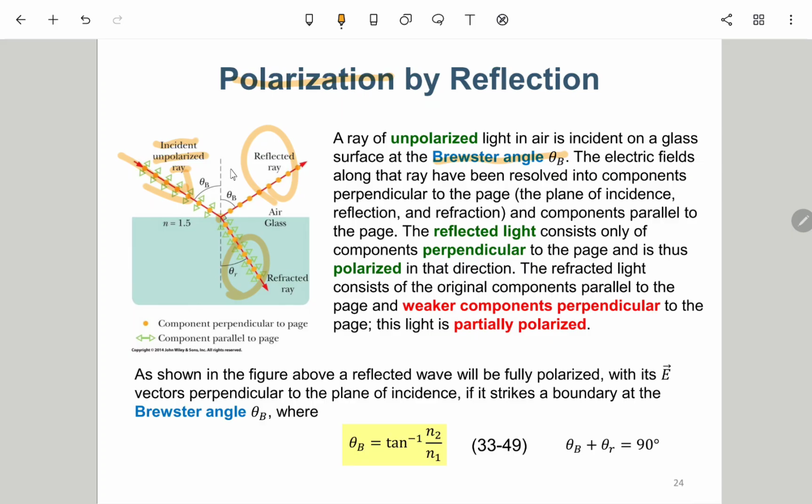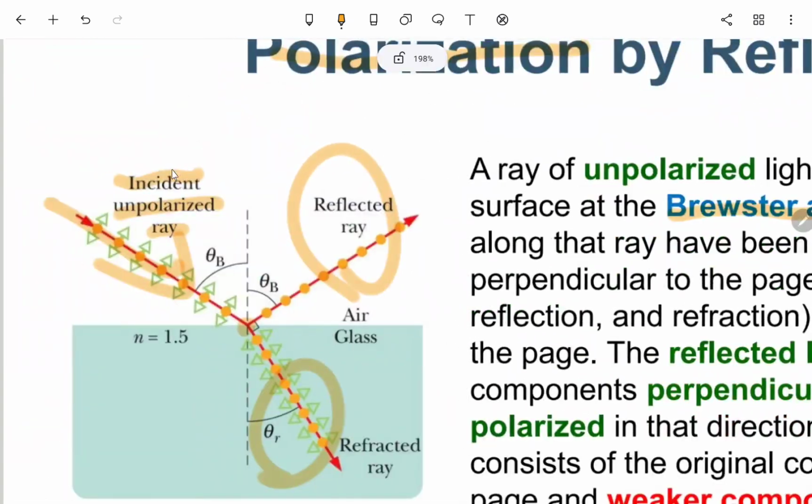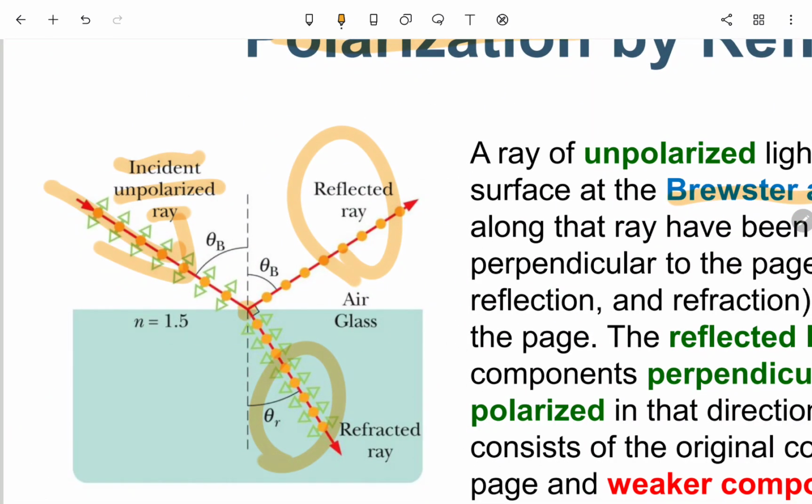Which means that, you can consider if it is unpolarized light, this direction is the propagation direction of the EM wave. So the E field must be perpendicular to this direction.